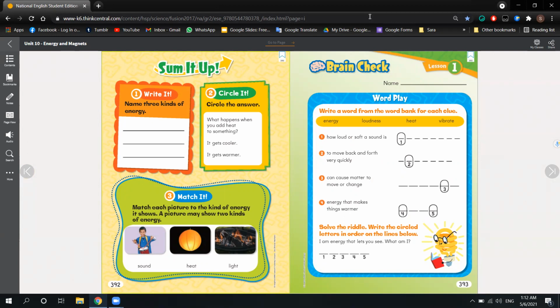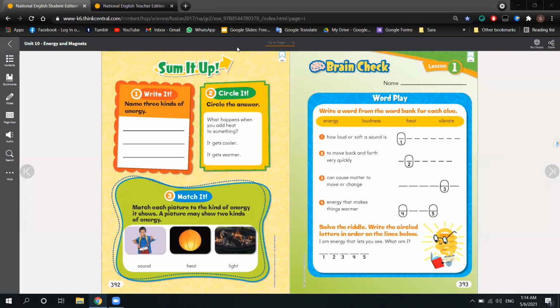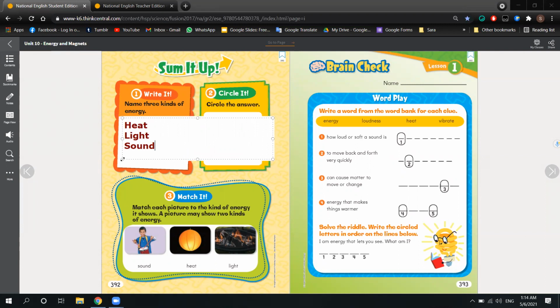Okay, now let us answer the questions together. Okay, so let's do number 1 together. Now, name 3 kinds of energy. Of course, we have heat, we have light, and we have, what is the last thing? Sound. The one that Zaina keeps forgetting.